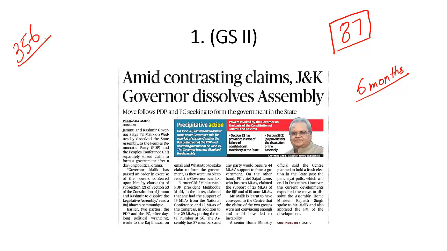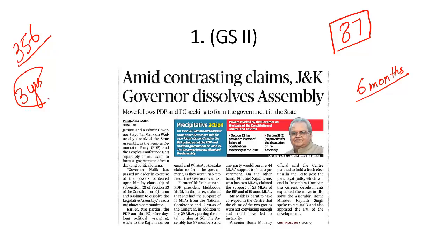So there is a difference between Jammu and Kashmir and the other states in India. In other states, there is president's rule straight away. And the maximum validity of a president's rule, as we have discussed in our previous lecture, is 3 years. But so far as Jammu and Kashmir is concerned, there will be a governor's rule initially for a period of 6 months.